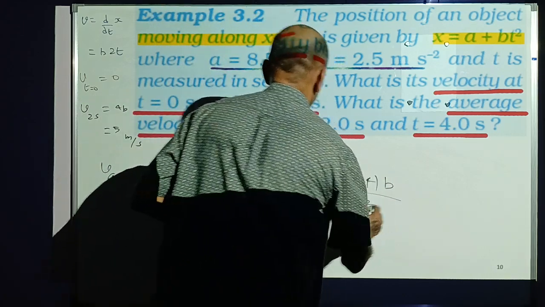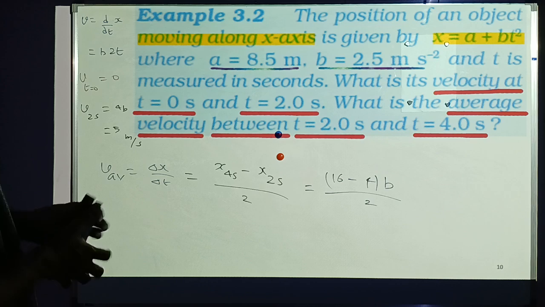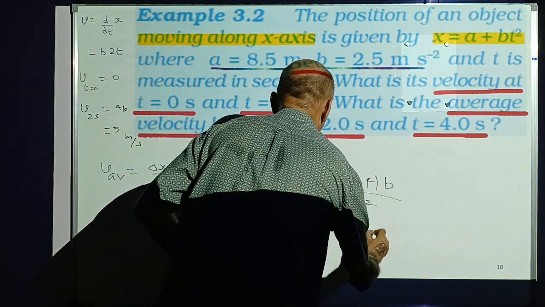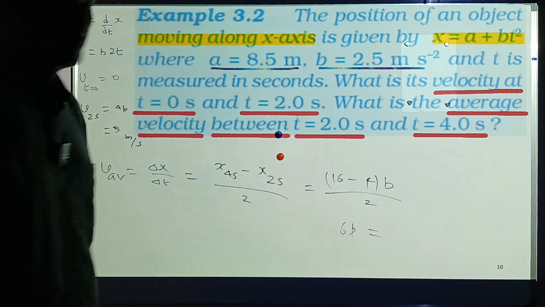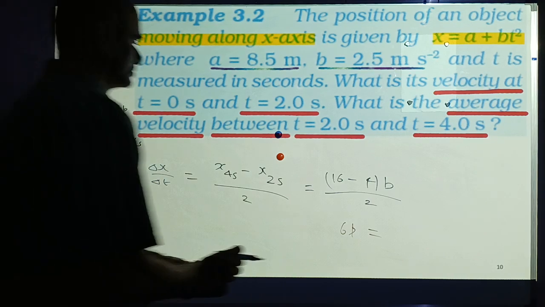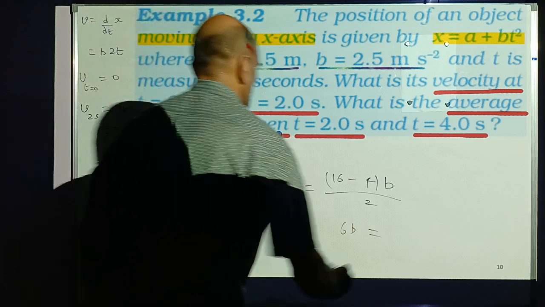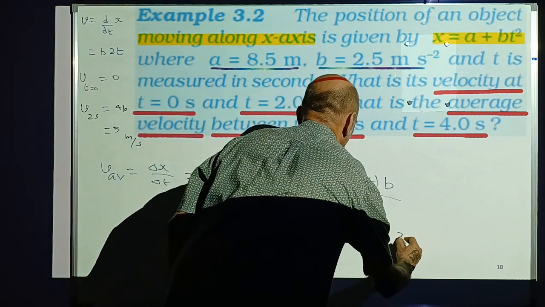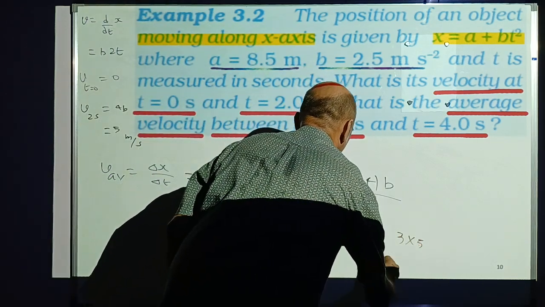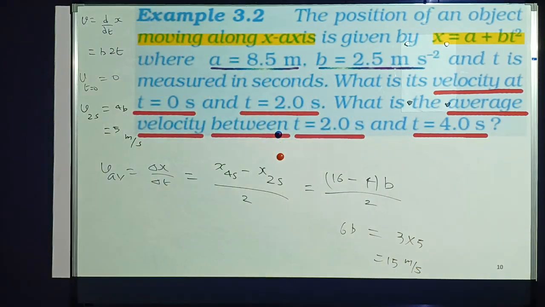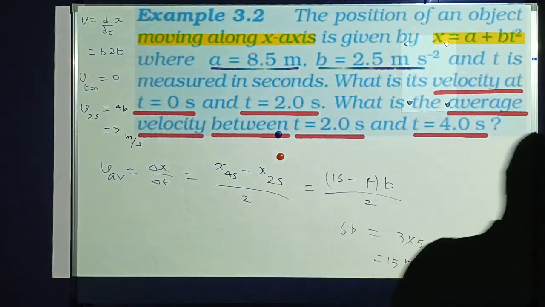Divided by 2, 16 minus 4 is 12, so it is 6b, and b is 5 by 2. So it will be 3 into 5, so 15 meter per second. That's the average velocity in the time interval 2 seconds to 4 seconds.